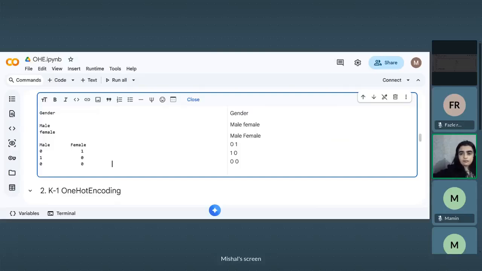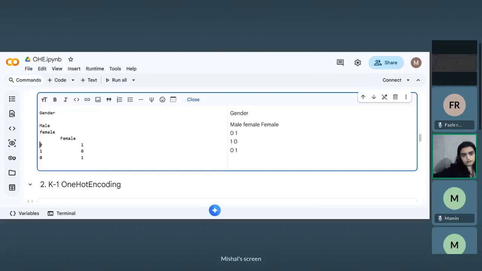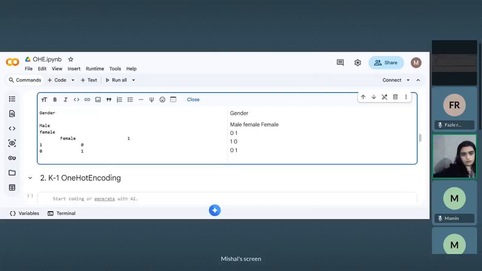Second sample, the second person is male, so it is 1, and this one is 0. Let's suppose the third one is a female, so here we have 0, here we have 1. Just don't consider this third category for now. Now we are having these two columns. If I will drop the first column like this, I am going to drop it.